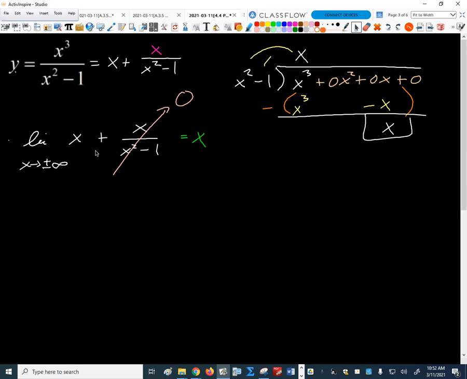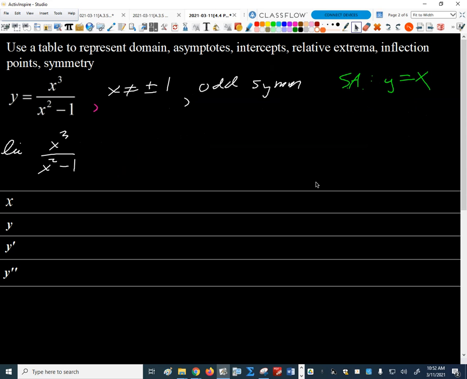Whatever those terms are, those represent the line that is creating our oblique asymptote. So in this case, we just get the line y equals x. Okay? So then going back to our page here, we got a slant asymptote at y equals x.